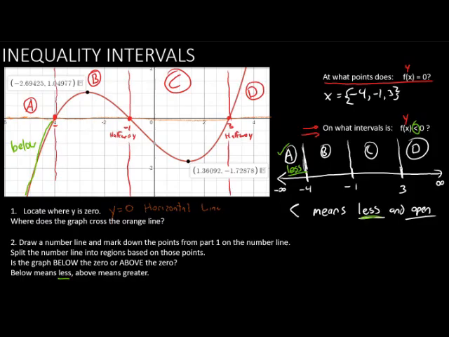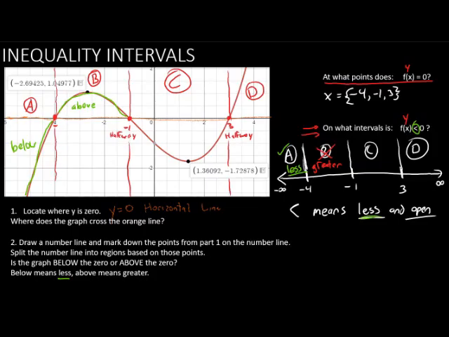If we go on to region B, which I'm going to shade in green now, we can see that's above that orange line. Since that's above, that means that the graph is greater than 0. However, greater was not what we wanted. We wanted less, and region B will not be part of our answer.